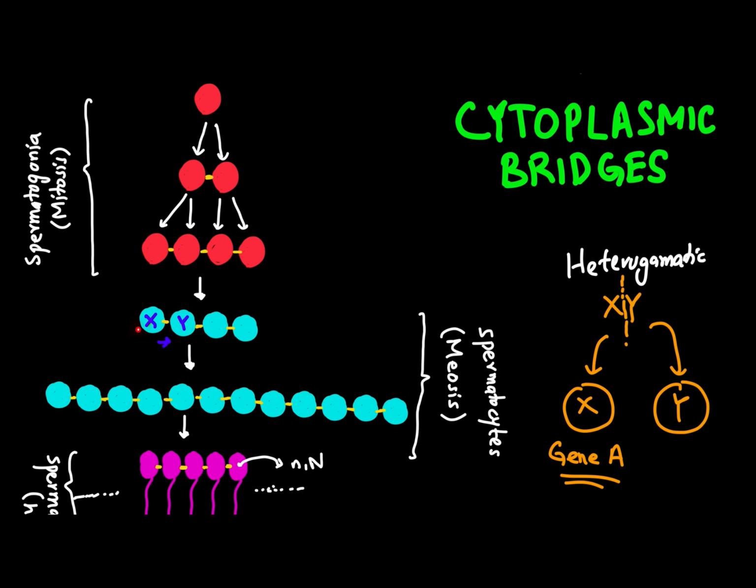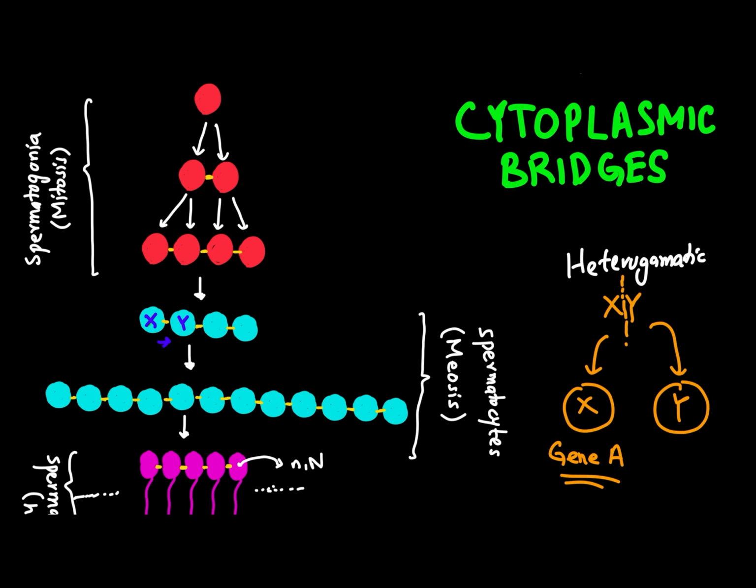Now the X chromosome has gene A that is responsible for producing a protein, and that protein will be used in the process of spermatogenesis to produce healthy sperms. The X chromosome has this gene, it will copy that gene, transcription will happen, and the protein will be translated.